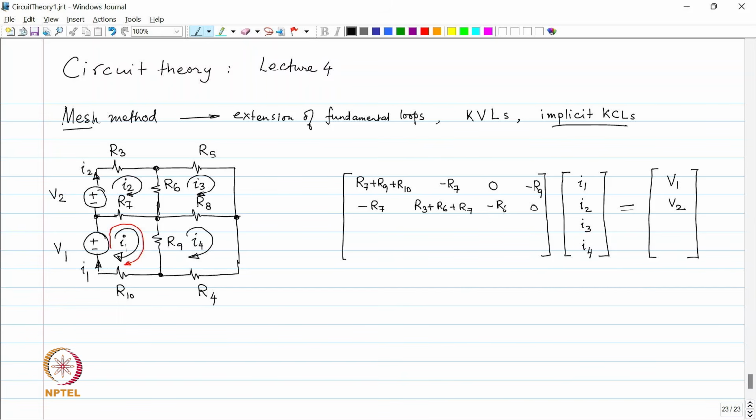Third equation. Let us go to loop I3. I3 goes through R6, R5 and R8. Minus I4 goes through R8 and minus I2 goes through R6.